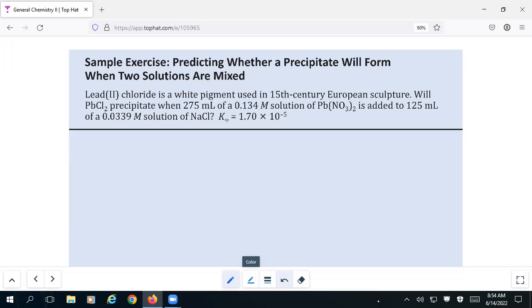You'll notice that value for KSP is on the high side. That's one of the reasons why we can use hot water to dissolve lead chloride, because raise that up high enough in temperature, it'll dissolve.